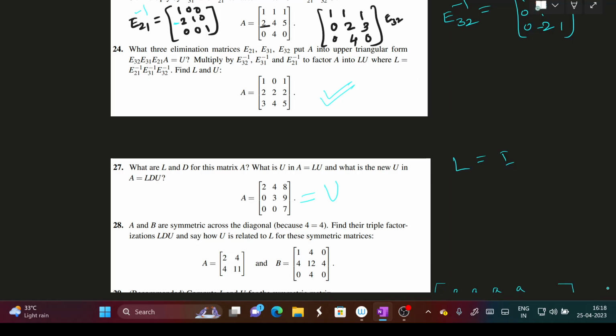And in case of LDU factorization, what is my U?